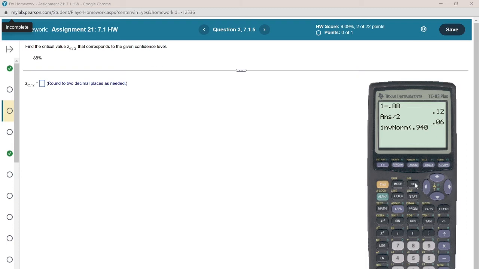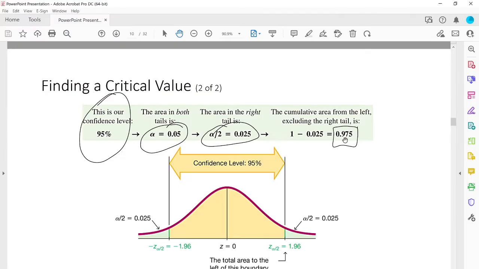0.94. It means when we enter this, it gives us the Z score such that the area to the left of this Z score is 0.94. You see that 1 minus 0.06 is 0.94, and that's what we have done here.